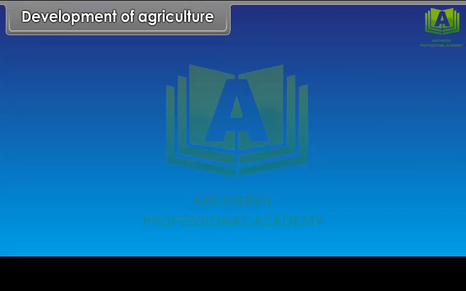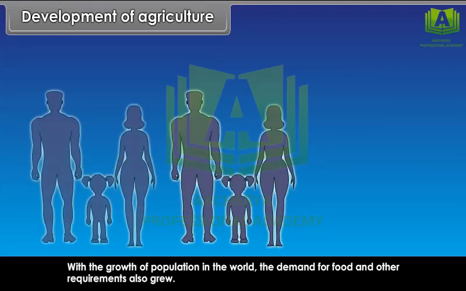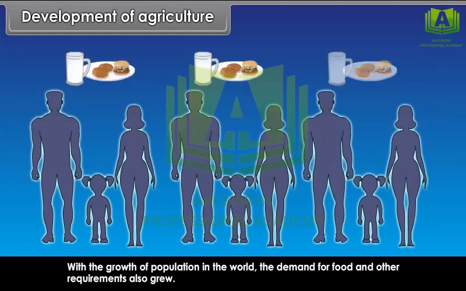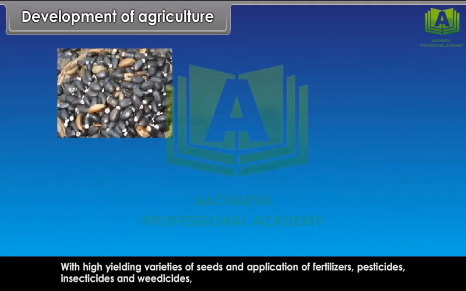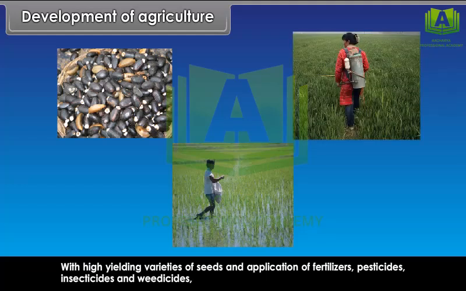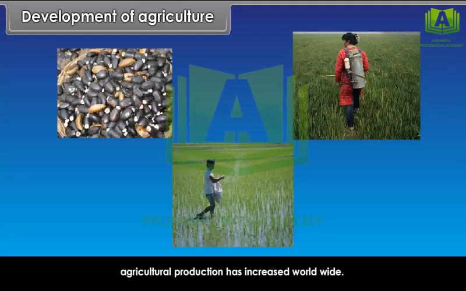Development of agriculture. With the growth of population in the world, the demand for food and other requirements also grew. With high-yielding varieties of seeds and application of fertilizers, pesticides, insecticides and weedicides, agricultural production has increased worldwide.